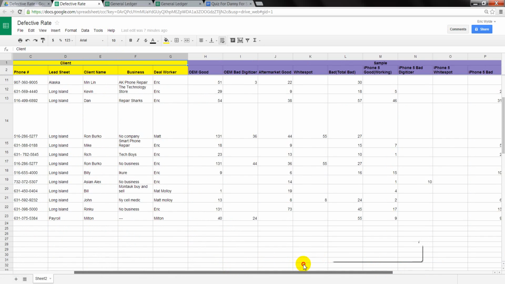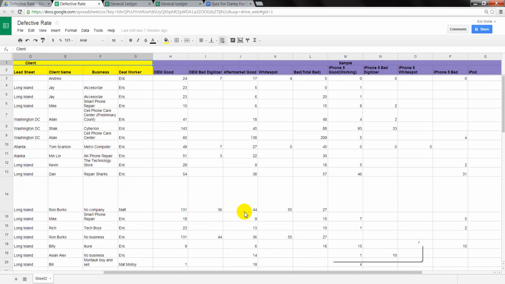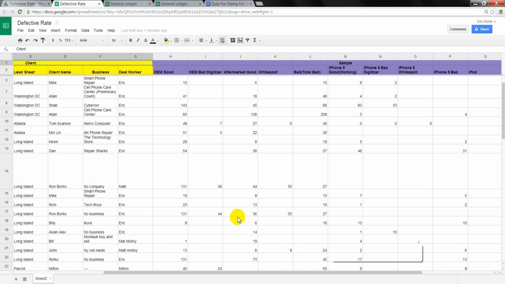So just to be clear, what you're looking at is basically the results of testing. When people go and test screens, what they're going to do is get a count of everything they have. It doesn't matter if it's good, bad digitizer, aftermarket good, if it has white spots, if it's bad. It doesn't matter if we buy them, we just want to know what they have.